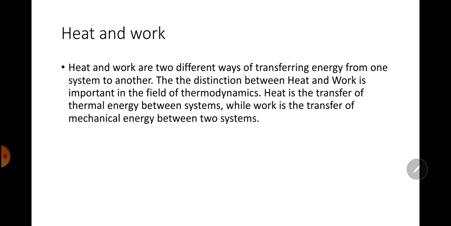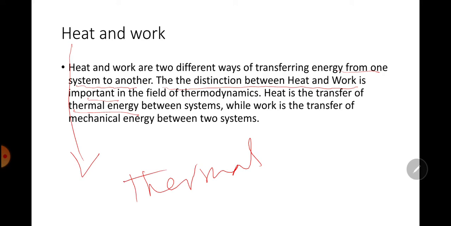Heat and work are two different ways of transferring energy from one system to another. The distinction between heat and work is that heat is the transfer of thermal energy, and work is the transfer of mechanical energy.